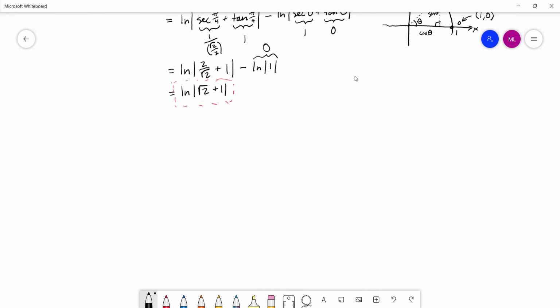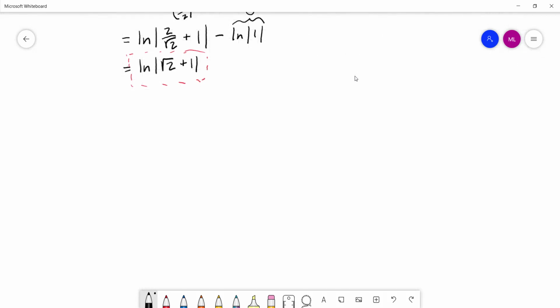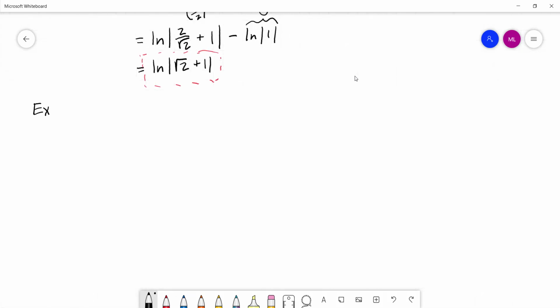Let's do another one. So as a second example, I want to find the arc length of the following. Let's do a curve given by x equals 2/3 times y minus 1 to the 3/2 power on the interval from 1 to 4.